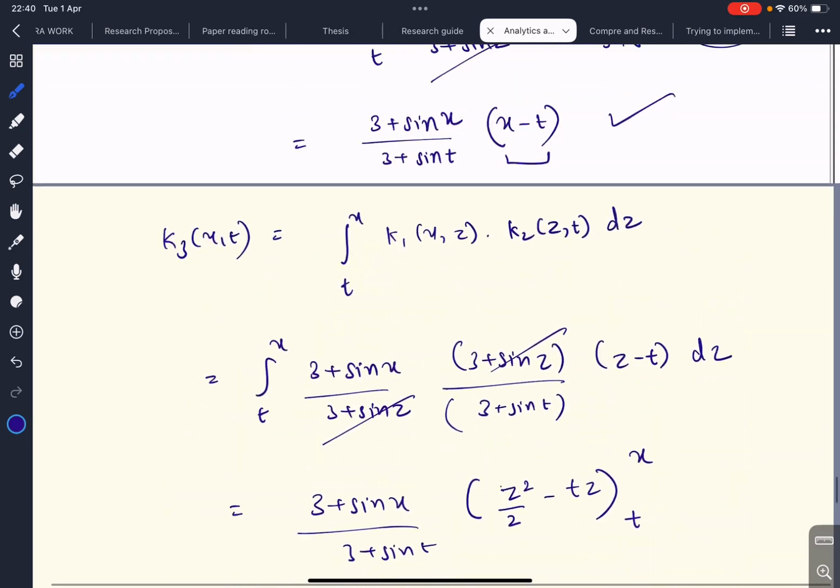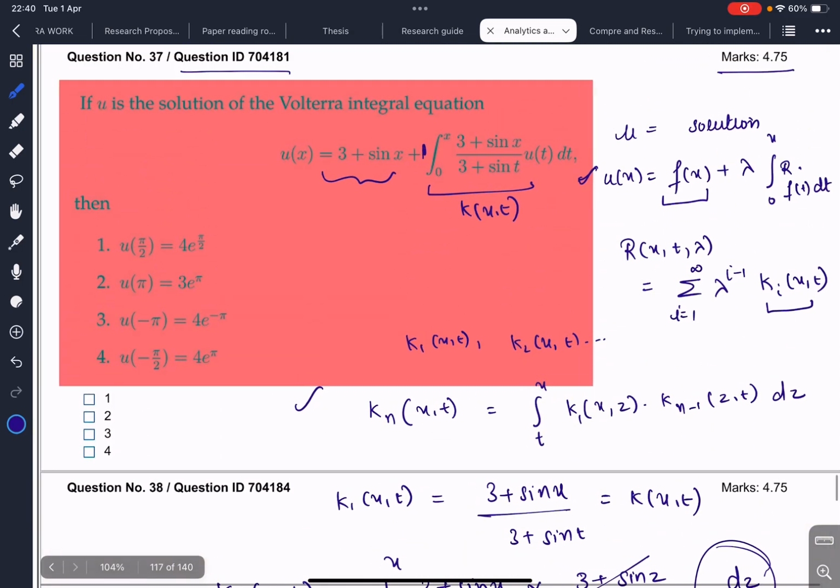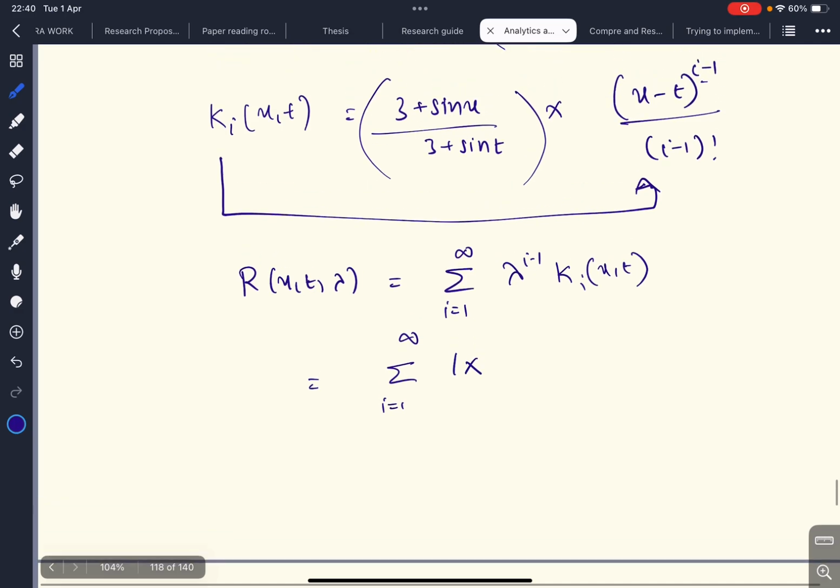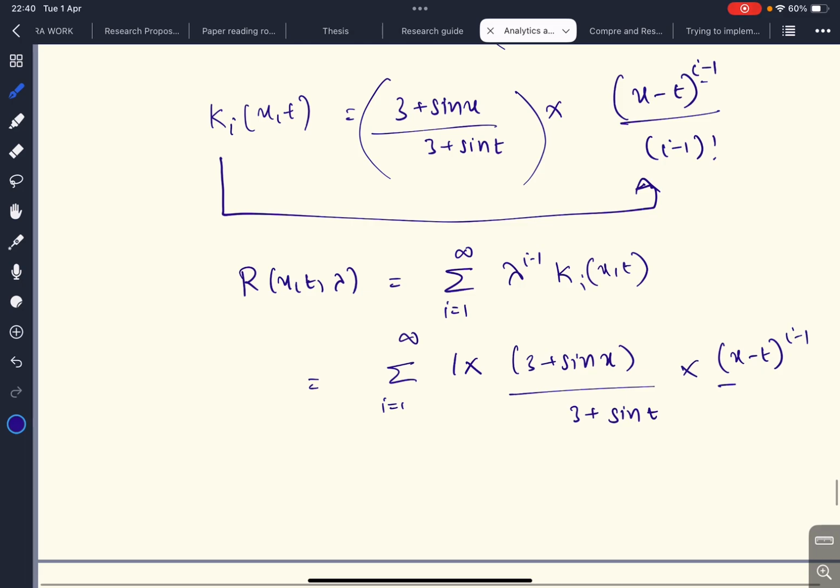Here lambda is 1, as you can see, so you can put it to be 1. So 1 into k_i(x, t), which is (3 plus sin x) upon (3 plus sin t) into (x minus t) raised to power i minus 1 by (i minus 1) factorial.